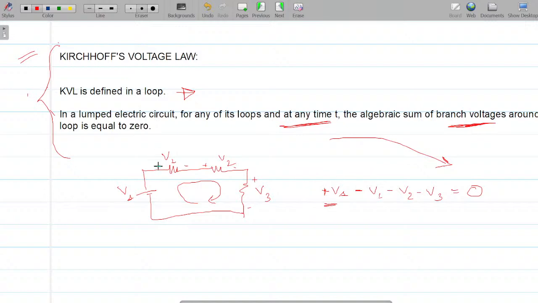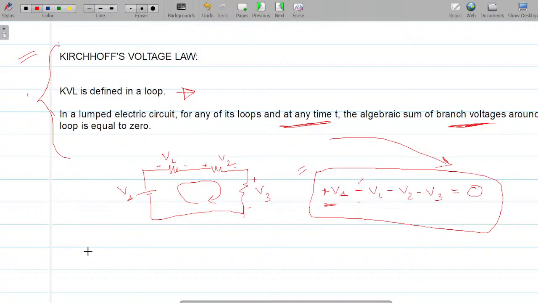Whenever you are traveling from positive to negative, you are going from higher potential to lower potential, and now you are delivering energy, and in this case the sign convention would be negative, right? So this is how we define KVL. This is something that you will be very acquainted with from your elementary lectures in network, but in any case, we have to cover it.